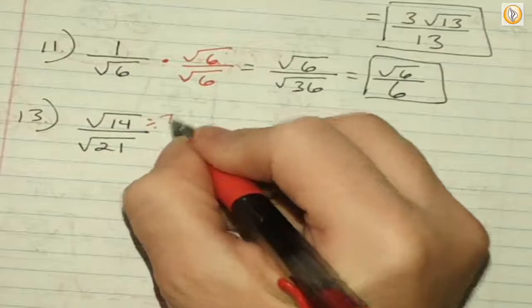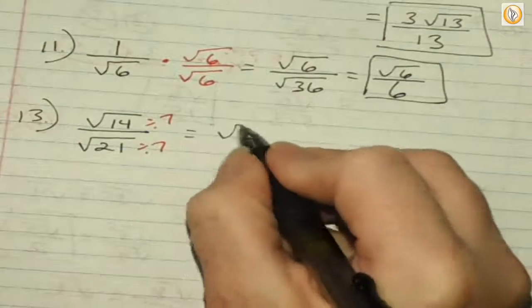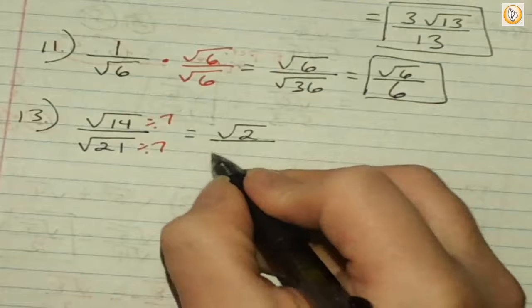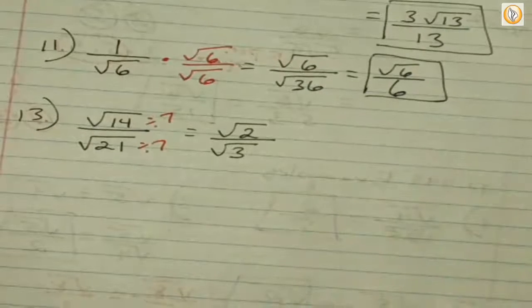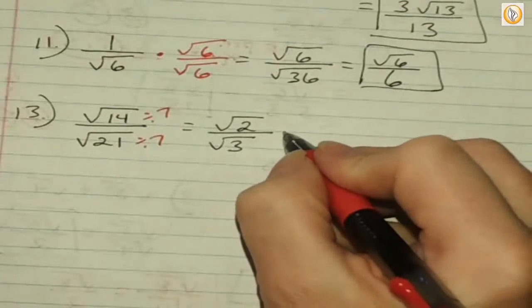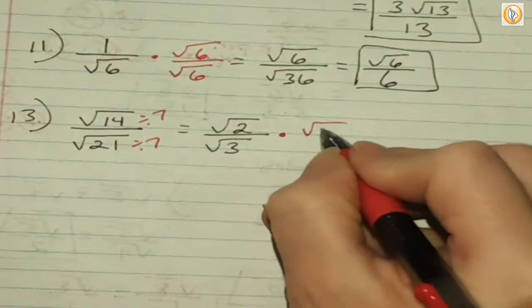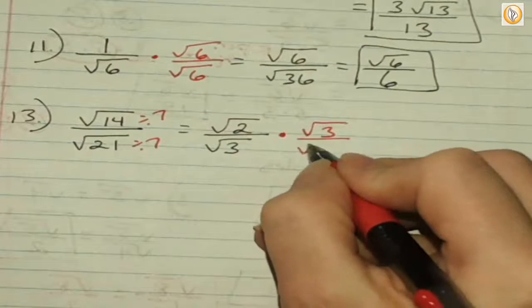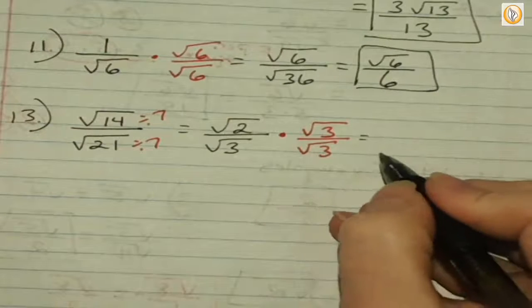They can both be simplified by 7. So here we get the square root of 2 over the square root of 3. Now what do I do? You multiply the top and the bottom by the radical of 3. And what do you get?